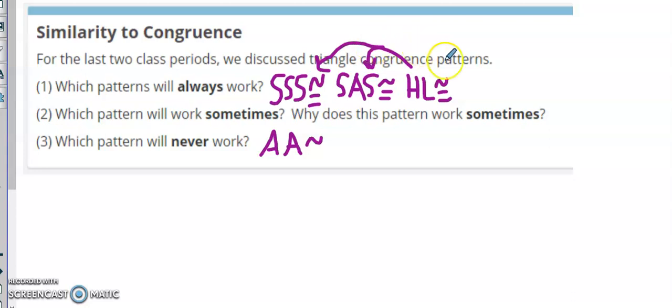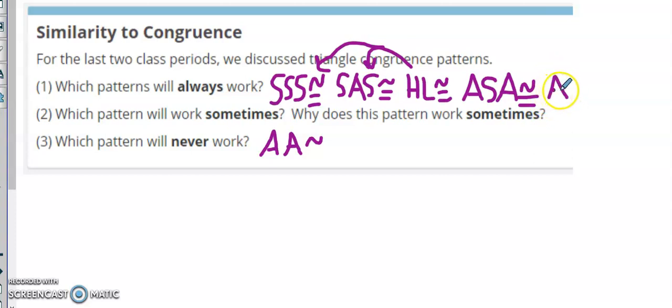Then from there we spent some time trying to fix the angle issue, so we added in a side. The first one we looked at was angle-side-angle, and that became a congruence pattern, since angle-angle does work as similarity, and if we add in a pair of sides that have a scale factor of 1, those two similar triangles will have to be congruent.